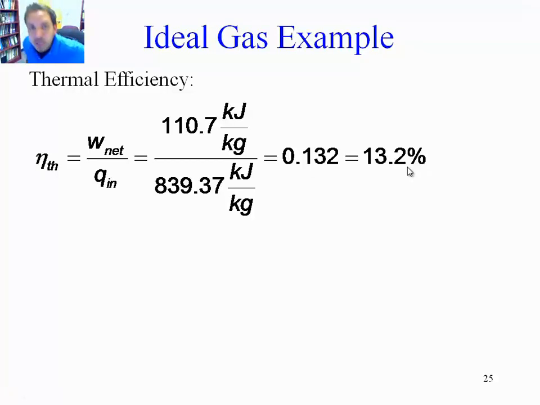So what does this mean for this particular cycle? It means that 13.2% of the energy that we put in the form of heat by burning a fuel or whatever was actually used into making power. That means that we wasted about 87% of the energy. And that's not very uncommon. That's actually what happens in reality in internal combustion engines.